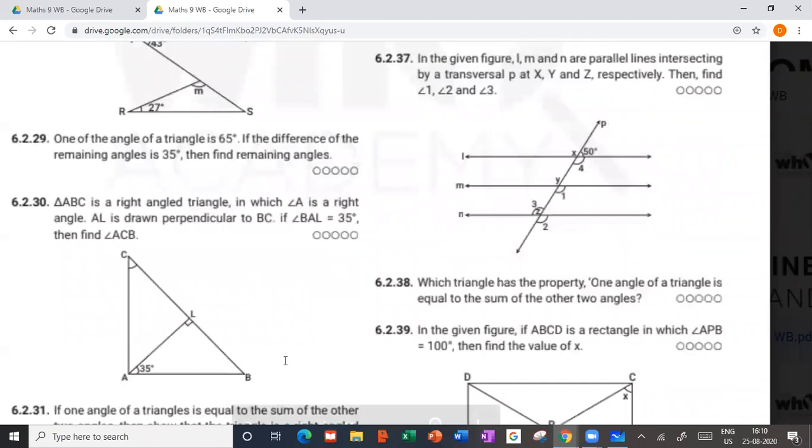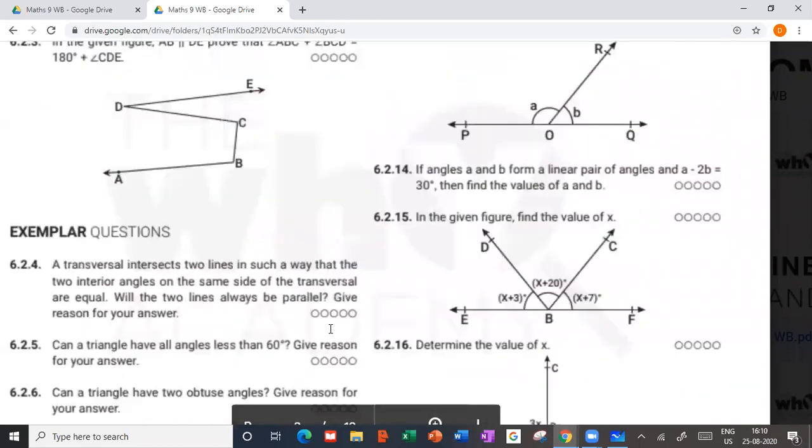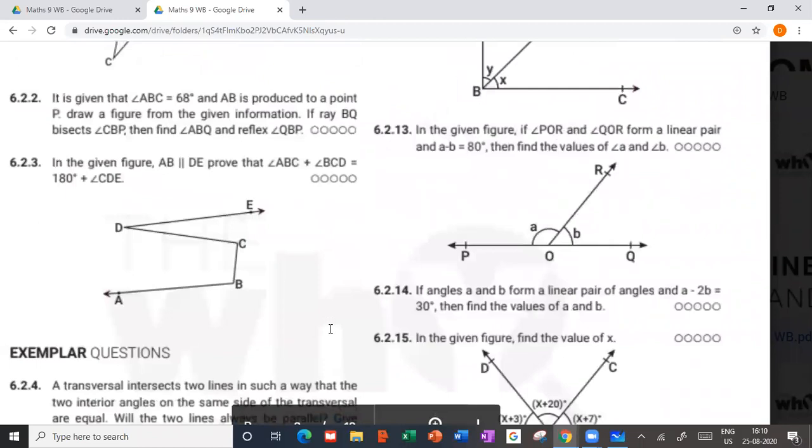Ma'am, in the 13th one, we will have to first substitute A and then take it, or is there any other method? In the given figure, if PQR and QOR form a linear pair, which means A plus B is equal to 180 and A minus B is equal to 80.